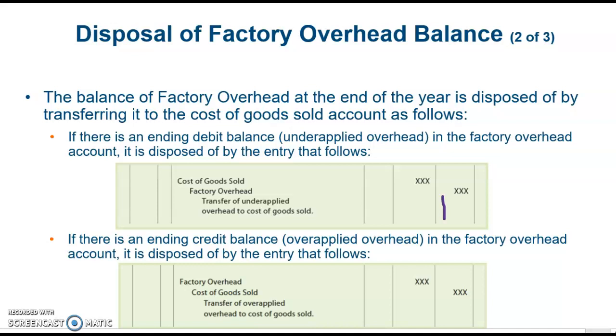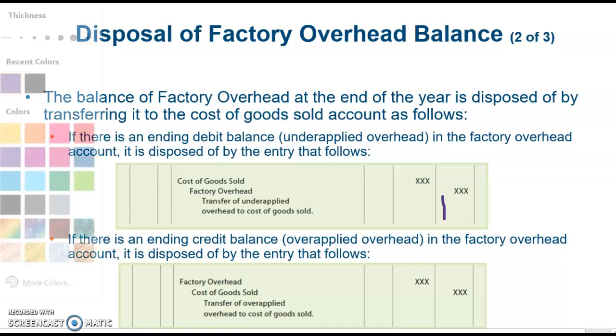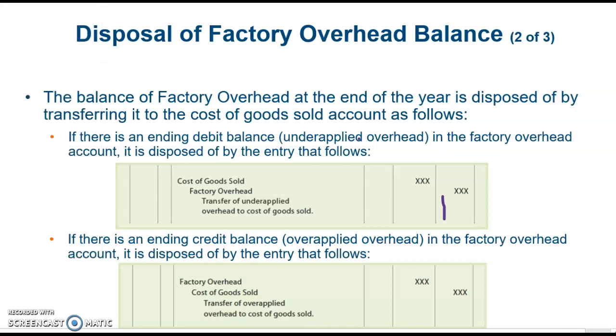If the ending balance is a credit balance, that means we've applied too much. So if we've applied too much, then too much goes into cost of goods sold. So either way, to close the account, just do the opposite.